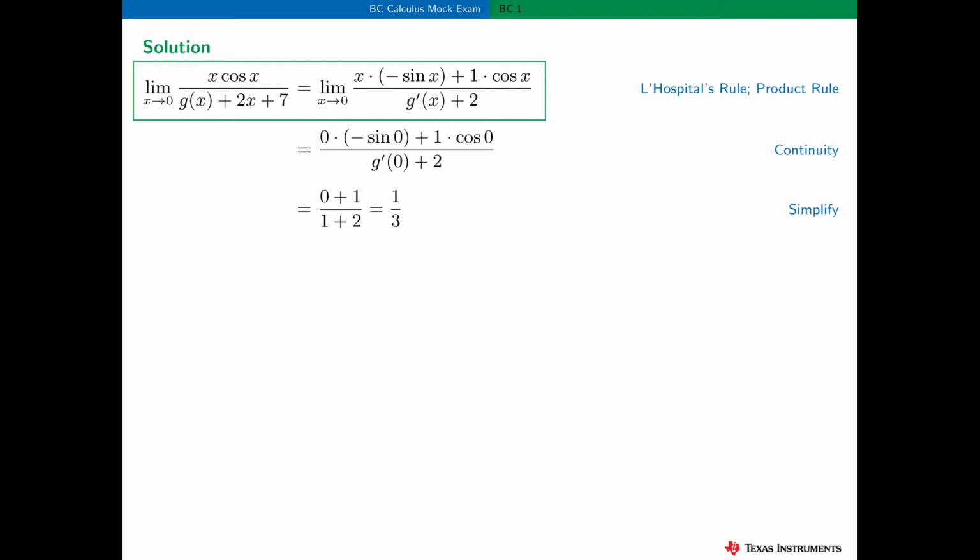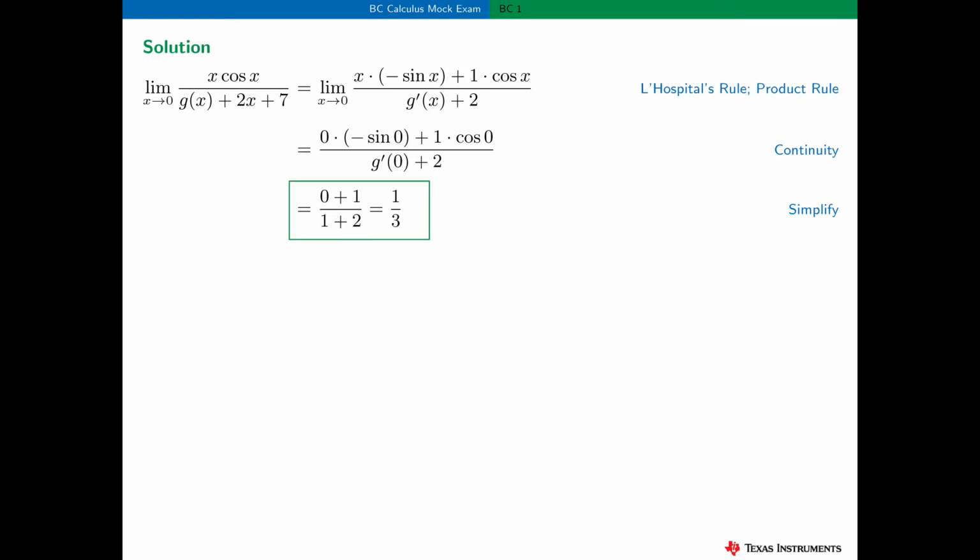And in the denominator, the derivative of g is just g prime, the derivative of 2x is 2, and the derivative of 7 is 0. Now I can evaluate the limit. All of these functions are continuous, so I can just plug in 0, and a little simplification leaves 1/3.